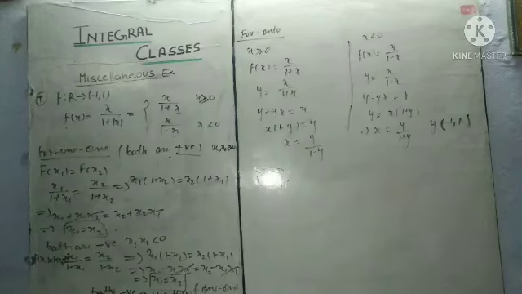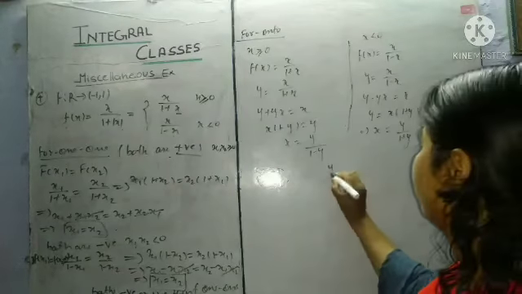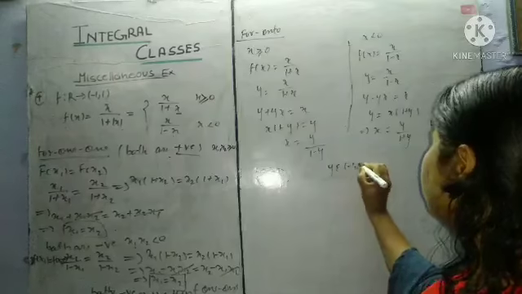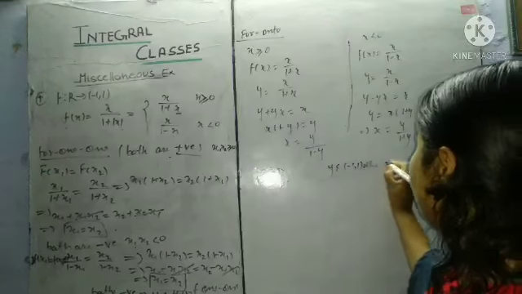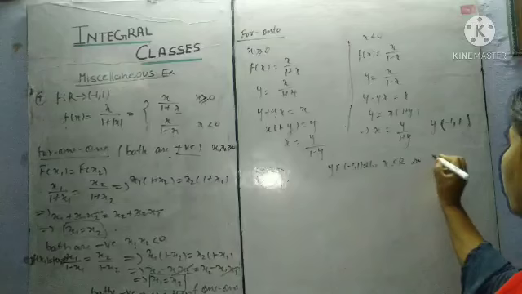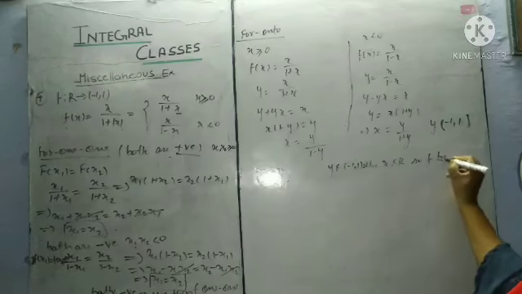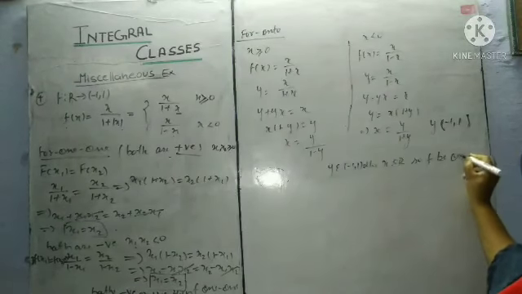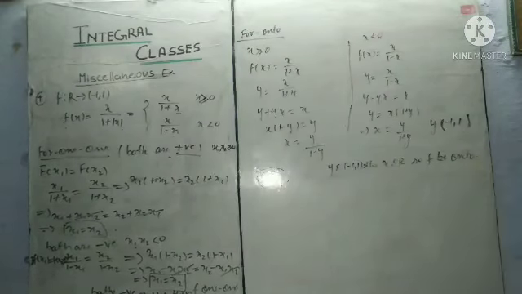So it is proved that the function is onto also. So y belongs to (-1, 1), then x belongs to R, so the function is onto.